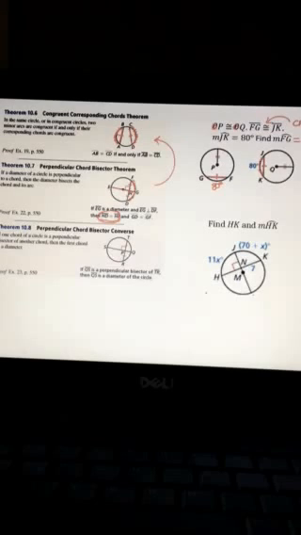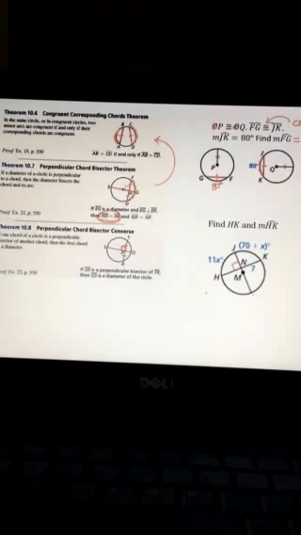Okay? And then the last one here says that if you have a chord, so my chord here is perpendicular, has a right angle right there, and is being bisected. So we have a perpendicular bisector thing going on like we had up here.